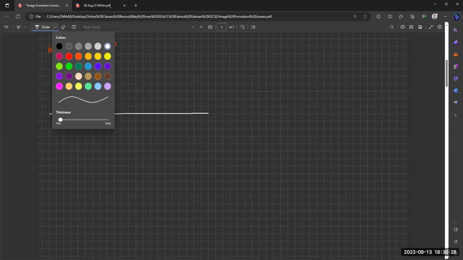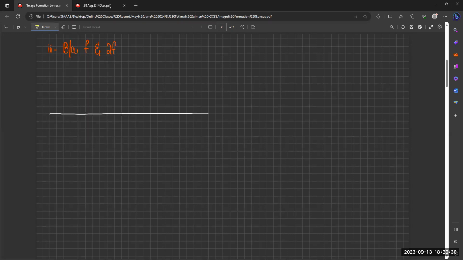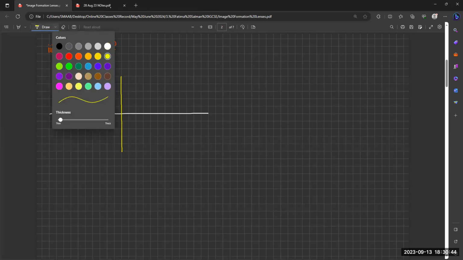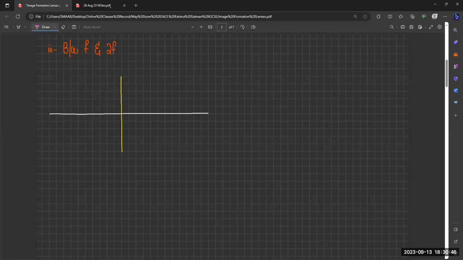Let's suppose this is our principal axis and we have to mark the lens over it. This is the lens, and we have to mark F and 2F. So 1, 2, 3, 4, 1, 2, 3, 4.